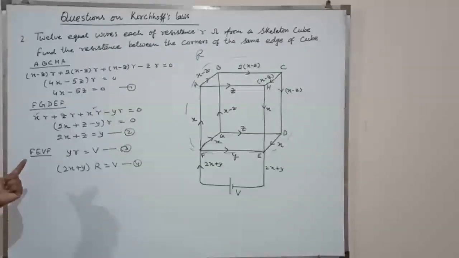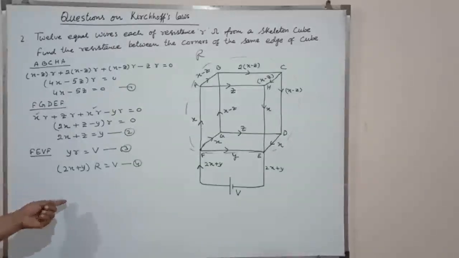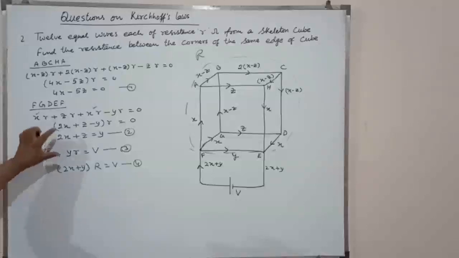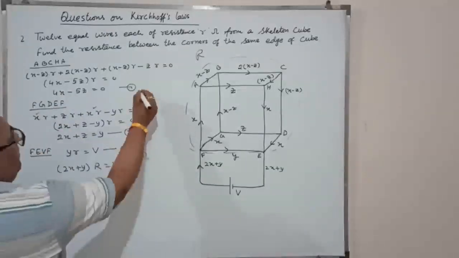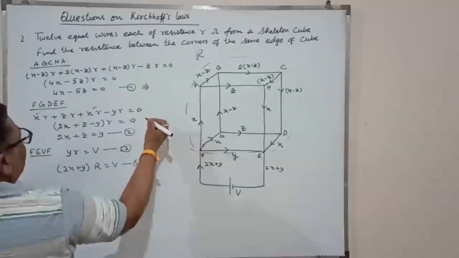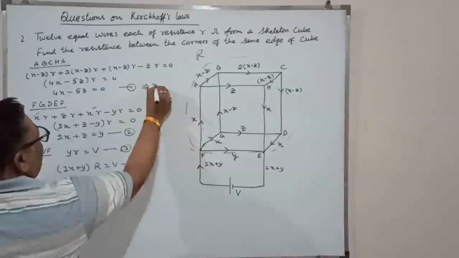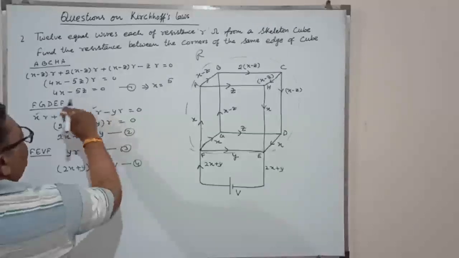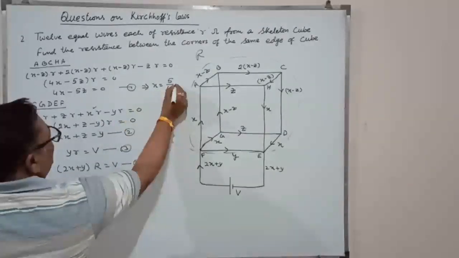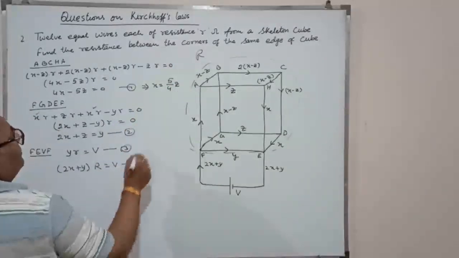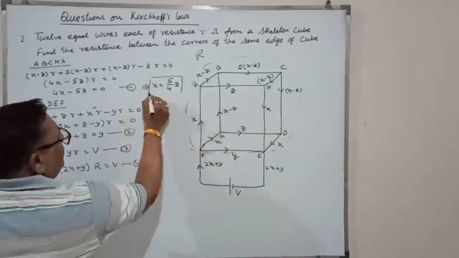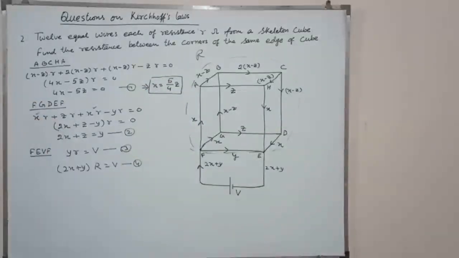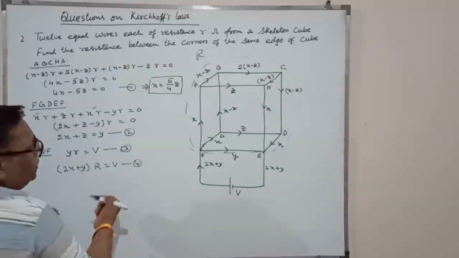Let from equation first, x is equal to 5 upon 4 z. Clear? This is the value of x. Then the value of y from equation 2.